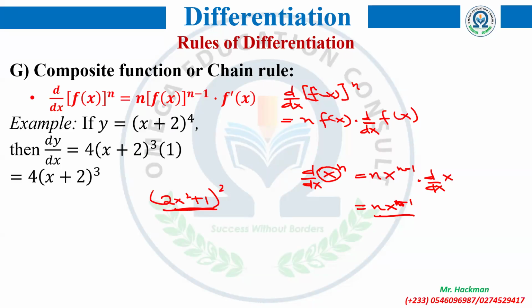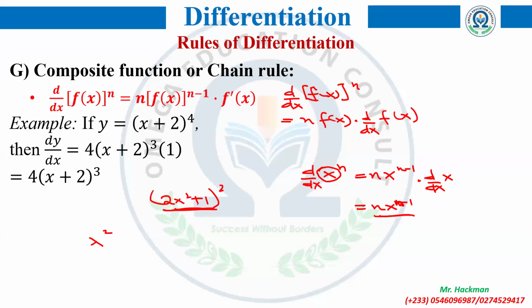No, please. You won't get 1. So it means that factor must be considered. So anytime you are differentiating and you see x to a certain power, only x to a certain power with nothing attached, that factor is not considered. So please take note. But immediately what you have there will give you a result other than 1, if you don't consider it, it will be a problem.